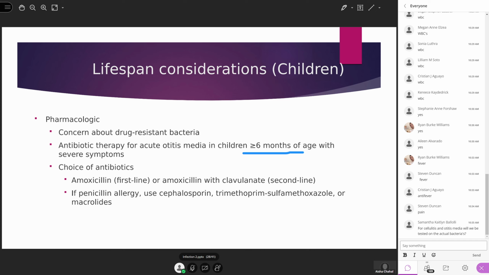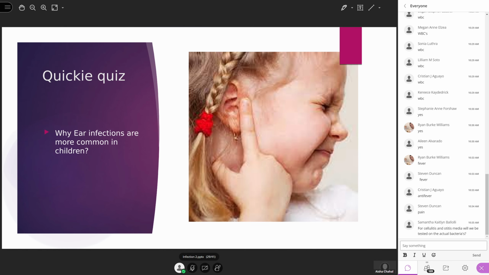That's one criterion they are trying to follow now, that more than 6 months they give the antibiotics. They really wait for the otitis media to get cleared by itself if it is just the effusion, right? And if it does not, then only we prescribe the antibiotics. So minimal use of antibiotics we try to do. These are the antibiotics of choice, as we already talked about.